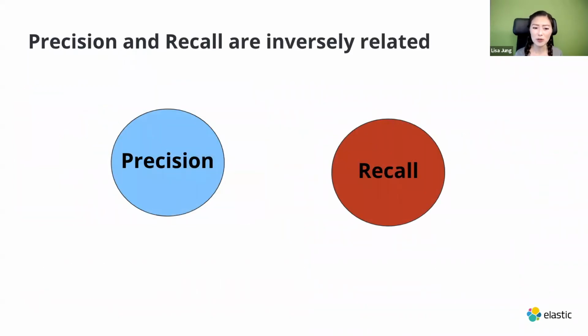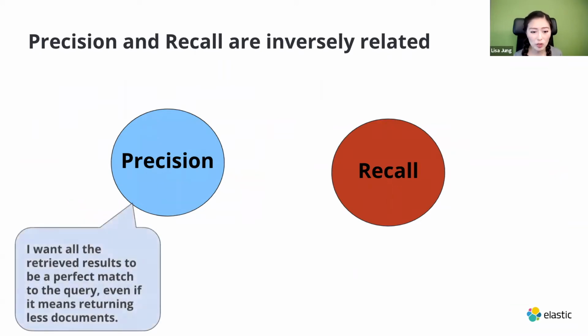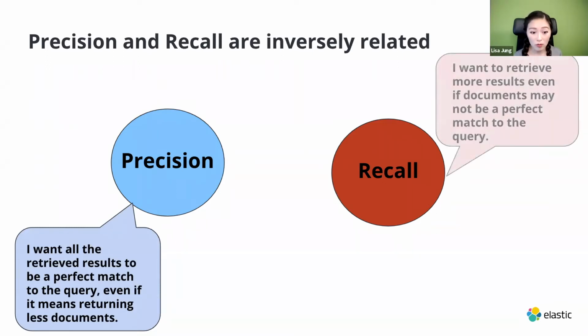So precision and recall are inversely related. Precision wants all the retrieved results to be a perfect match to the query, even if it means returning less or no documents. Whereas recall focuses more on quantity. It wants to retrieve more results, even if the documents may not be a perfect match to the query.